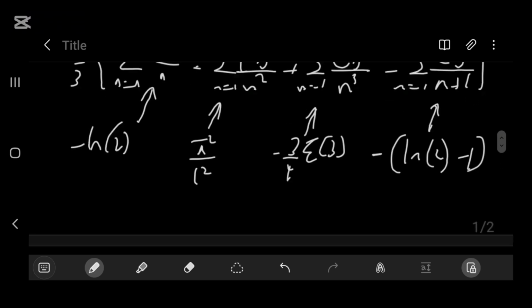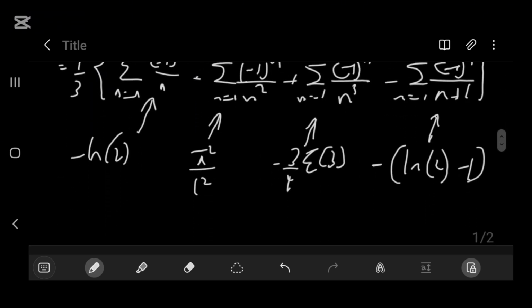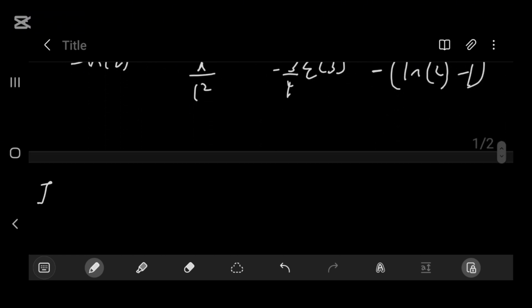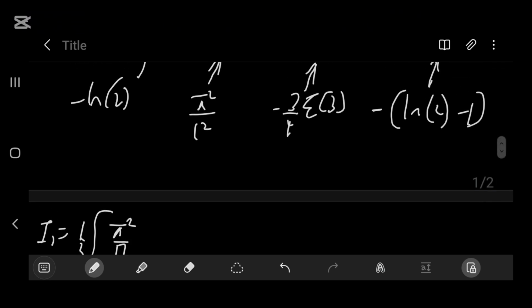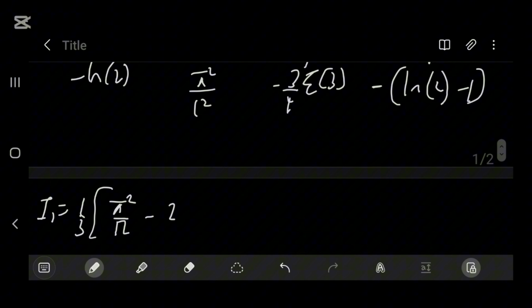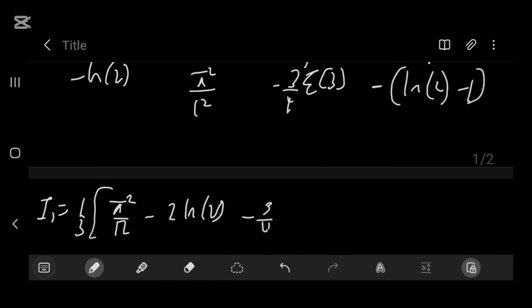Let's move on to page number 2. The answer we'll have for I1 is now 1 over 3 times, in parentheses, pi squared over 12, and we have 2 times ln 2 minus 3 over 4 zeta of 3 plus 1.